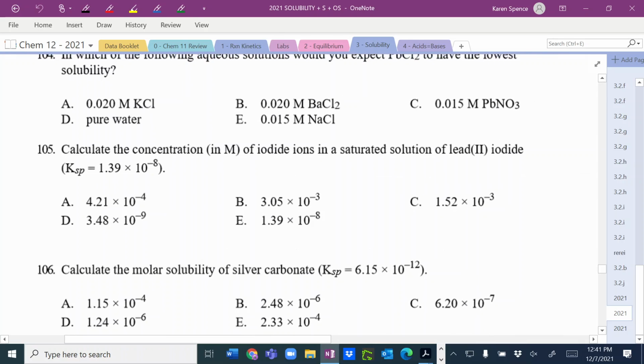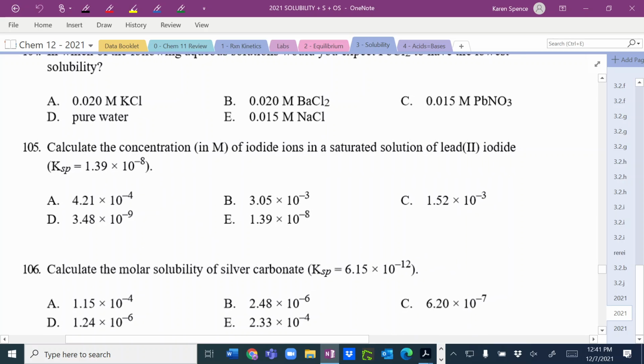So we want to calculate the concentration of iodide ions in a saturated solution of lead iodide. Since lead iodide is the only substance mentioned, we have to assume that is a dump and stir type question.